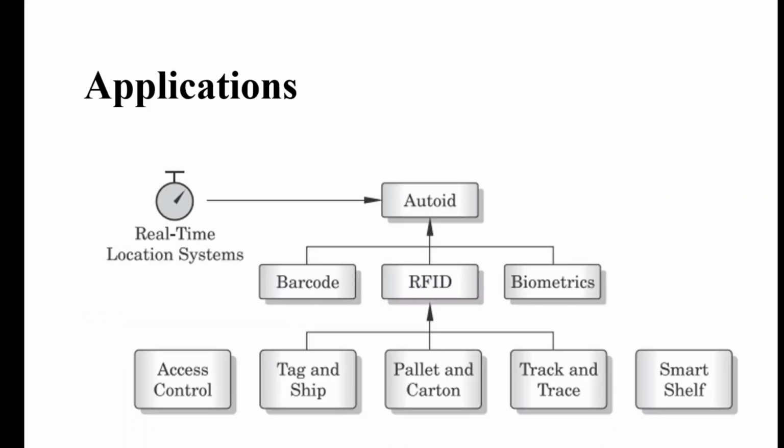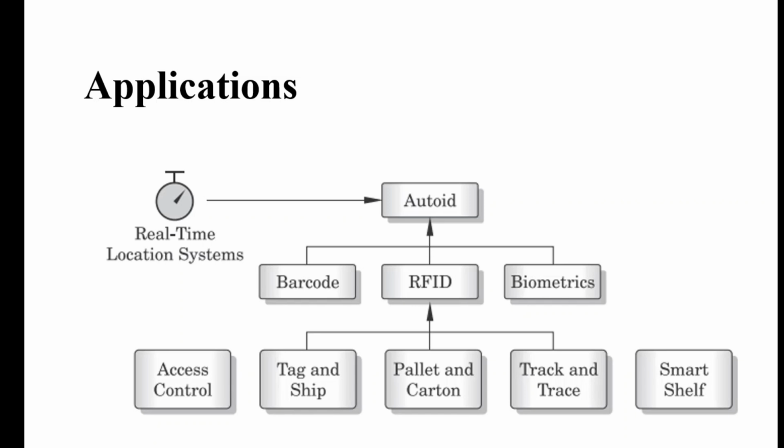This diagram shows the application of RFID as a part of Auto ID, that is automatic identification technology. At the center is RFID, one of the key Auto ID technologies, along with barcode and biometrics.